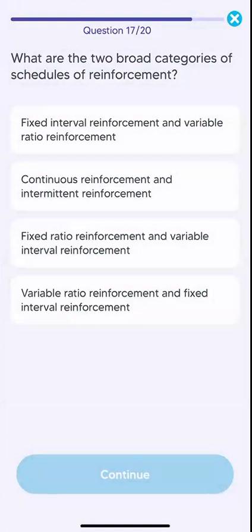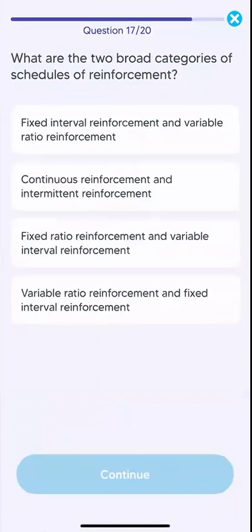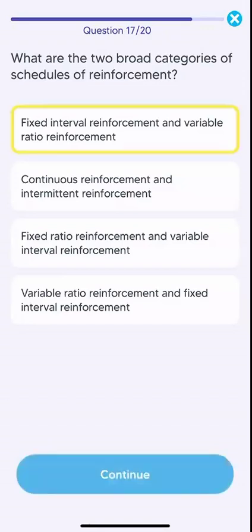What is your answer? Looking at fixed ratio. Which one do you feel? First? No, second maybe. Okay, try. You feel first?